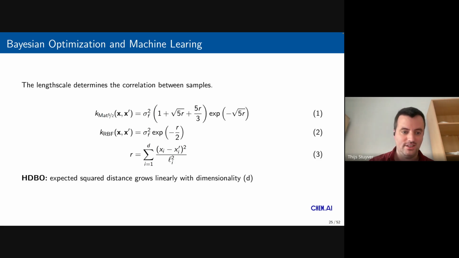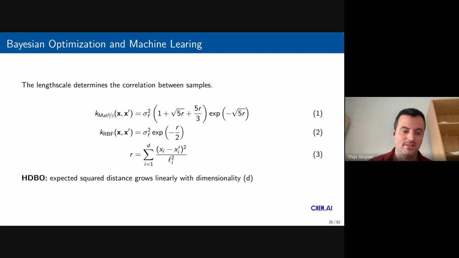I don't know if you see my cursor, but here you see the definition of the kernels that are applied in our Gaussian process model. You have the expression for R, which is the distance from a previously measured point. And so this indicates how fast decorrelation takes place in the search space in our surrogate model.